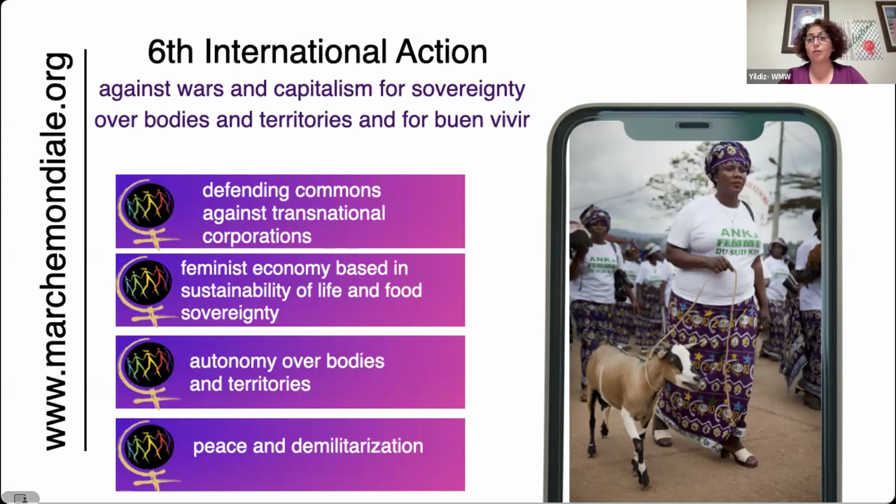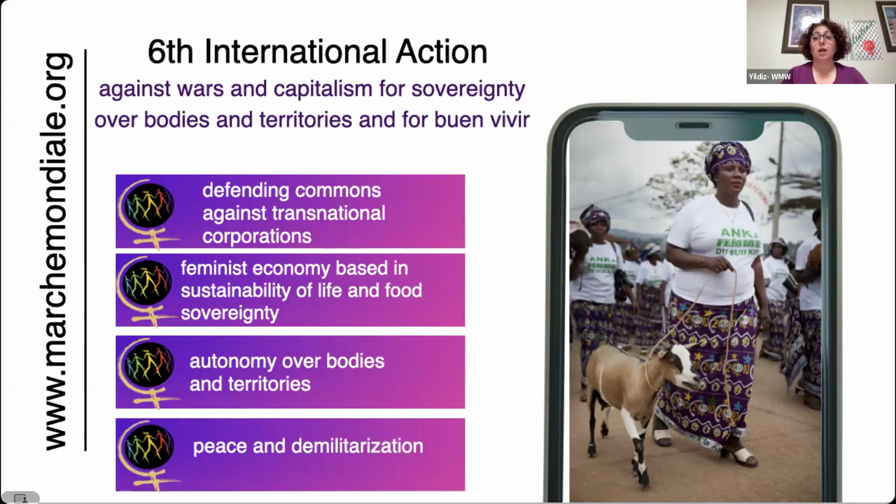And then the third one is autonomy over our bodies and territories. So we connect our struggle for autonomy over our bodies and territories. And the fourth one is peace and demilitarization, which is very important today, especially in the Asia, Oceania region, which is a battlefield between big powers.